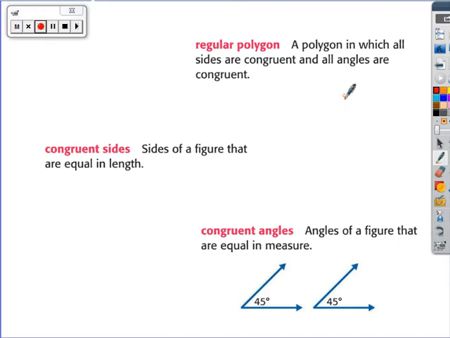Now, what I can tell you about all of your polygons: if the sides are the same length, the angles are automatically the same. Just something about the way that in order to get the sides to meet at a single point, it makes all the angles the same because the sides are the same length.